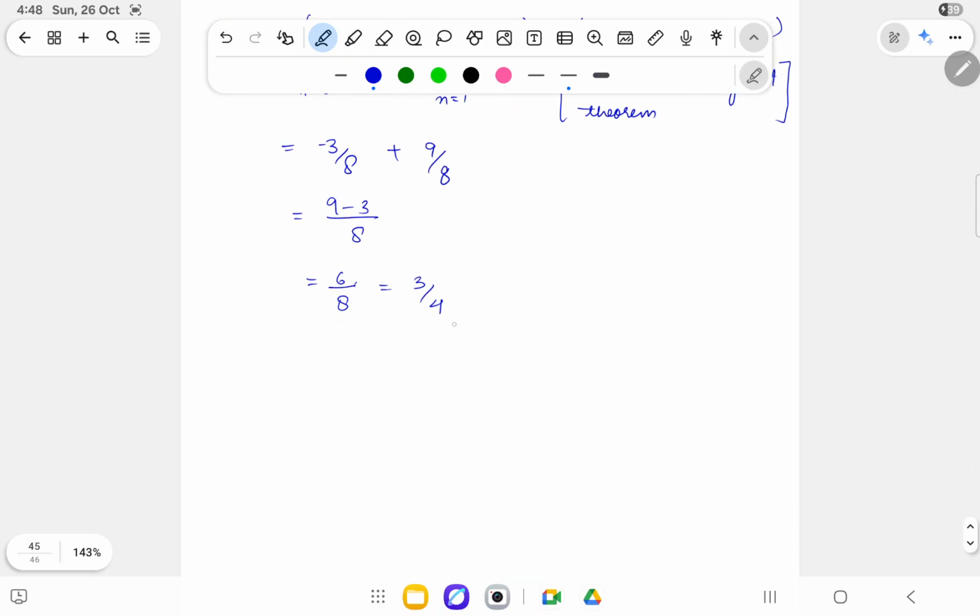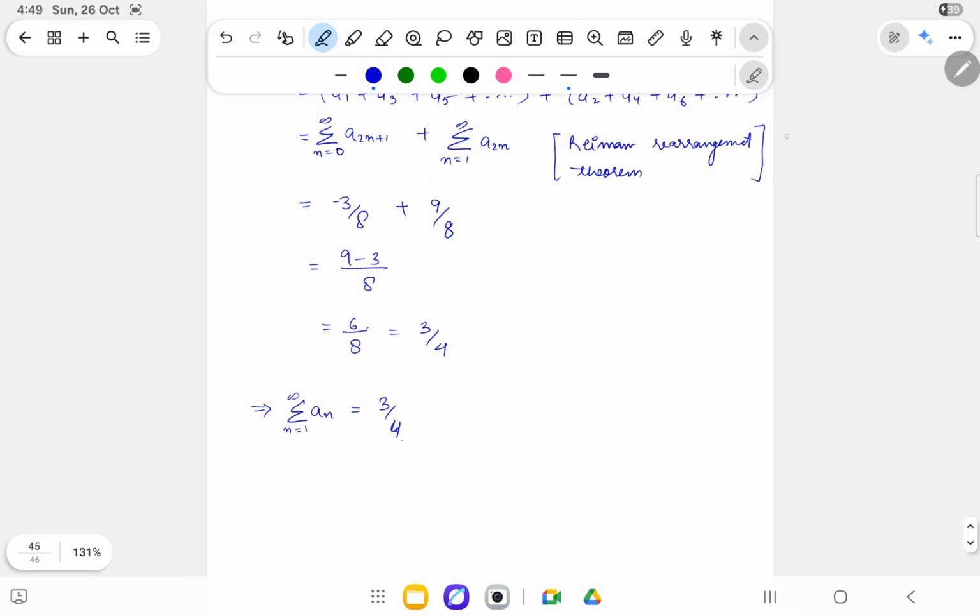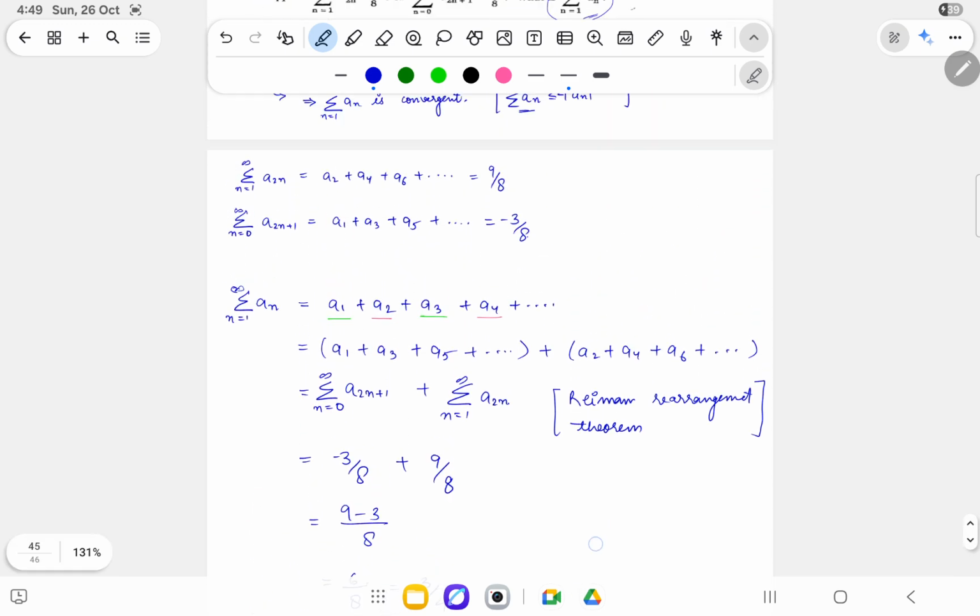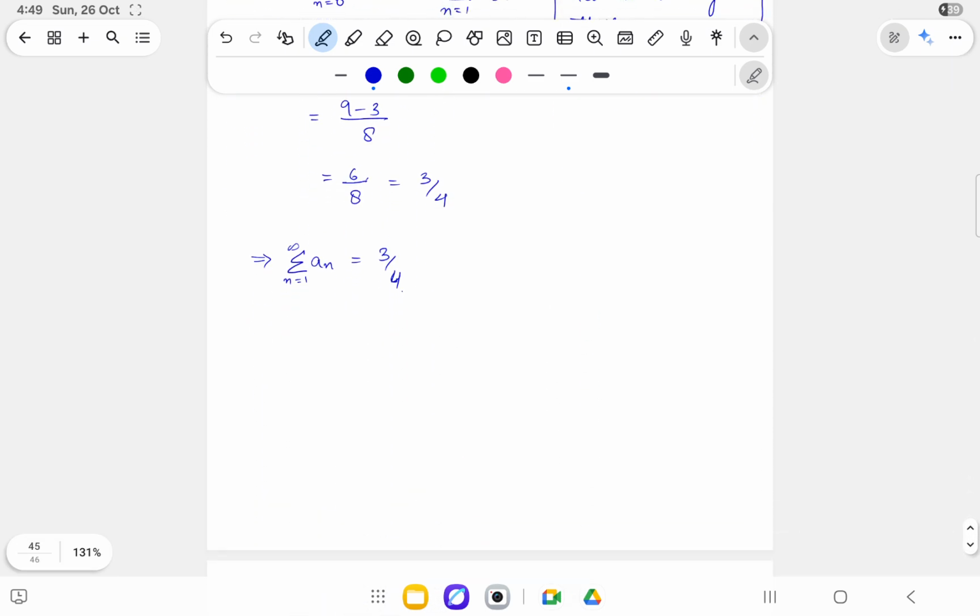So the given series converges, the sum of the terms of the series is 3 by 4. From here we conclude that summation n equals 1 to infinity an is equal to 3 by 4, and we are able to do this because of the Riemann rearrangement theorem. Now let's move on to see the next question.